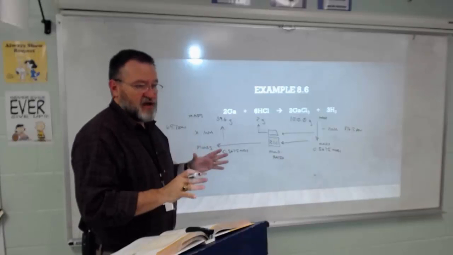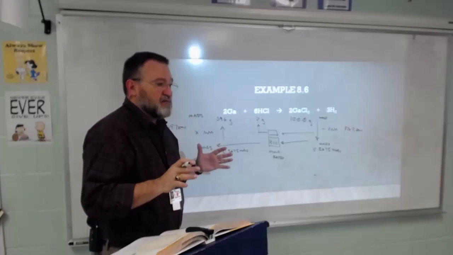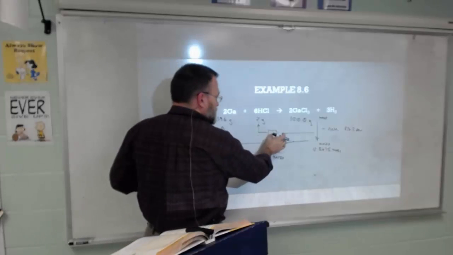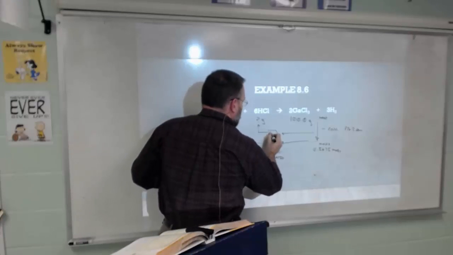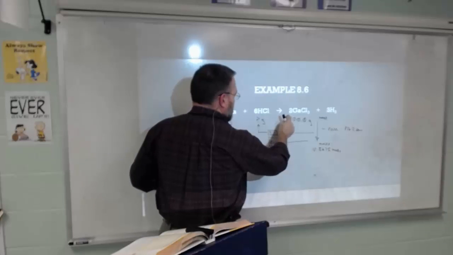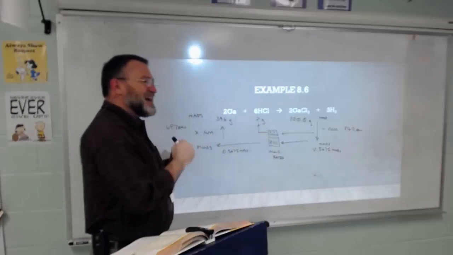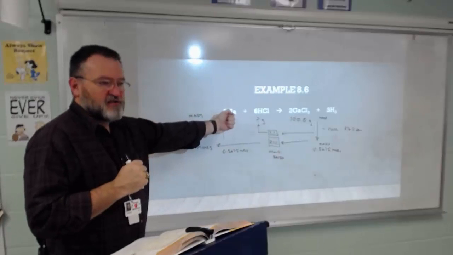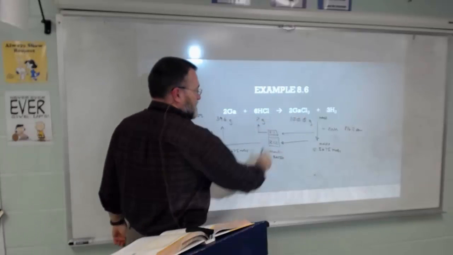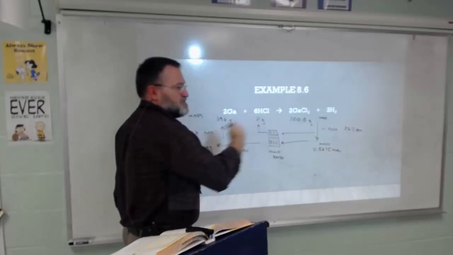I've already solved for that, so I can use that number again. What's different is this ratio. And what is that ratio? It's 6 to 2, which reduces to 3 to 1. I need 3 times as much hydrochloric acid as is produced in terms of moles. Does that make sense? 2 times 3 is 6. Yes, it makes sense.